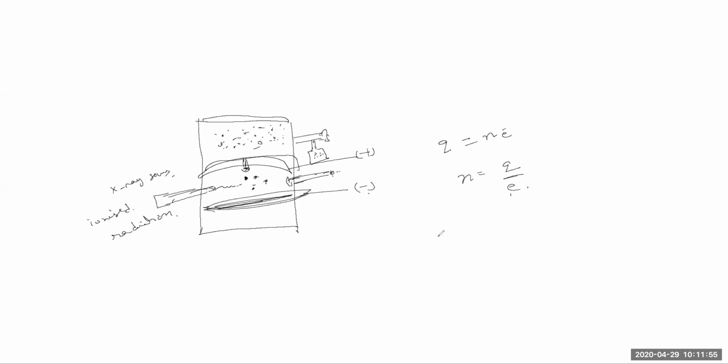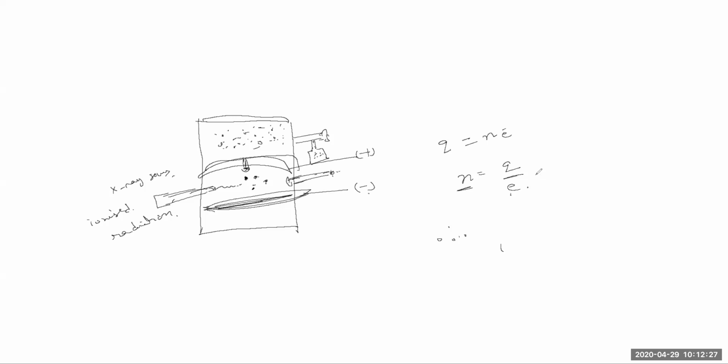Different sized oil drops have different numbers of electrons. A large drop acquires maximum charge, and since the electron charge is constant, we get the number of electrons on a particular oil drop. Understood or not?